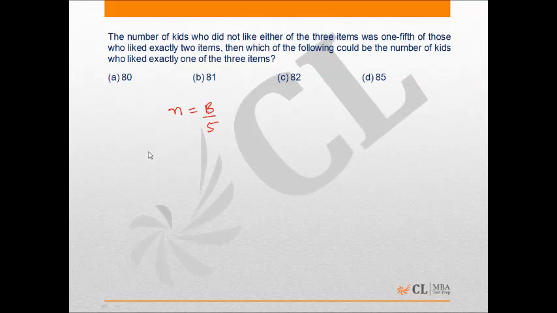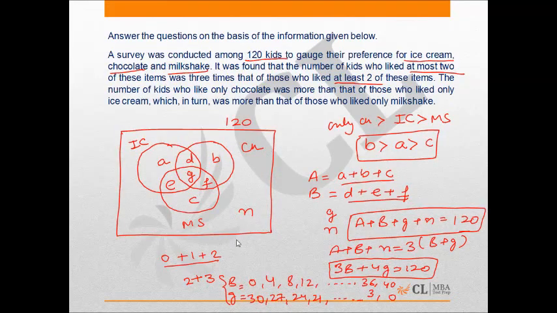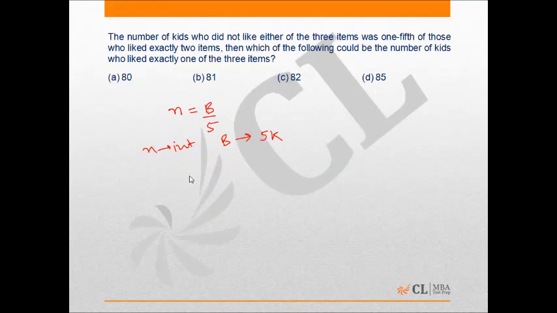So for N to be an integer, I will take those values of B which are multiples of 5, right? So from the given set of values 0 to 40, we can easily see that the possible values which B can take are 0, 20 and 40 only, so as to get N as a positive integer, right?